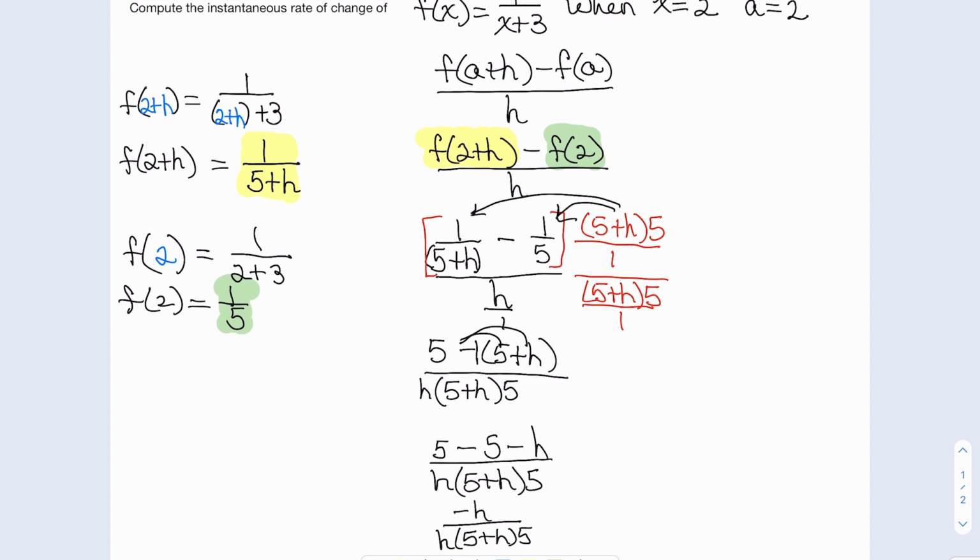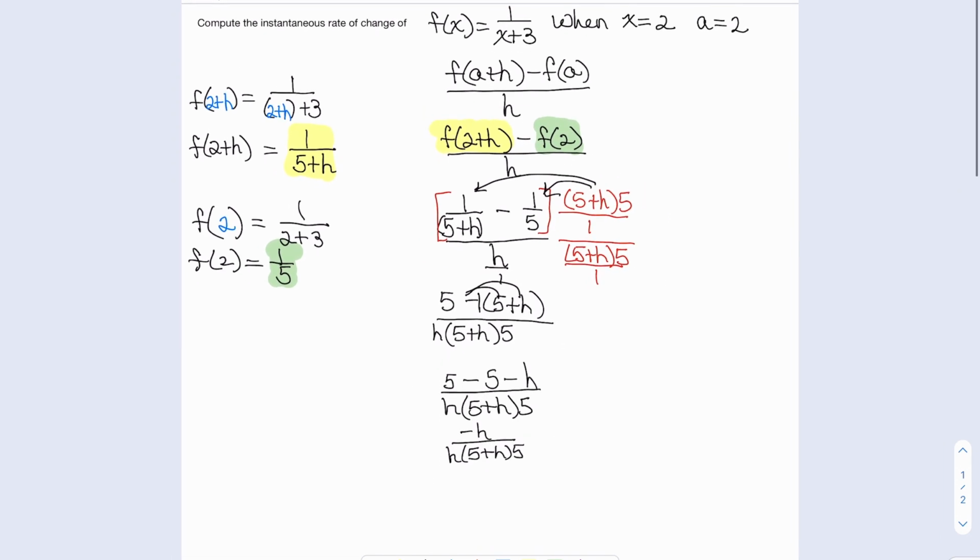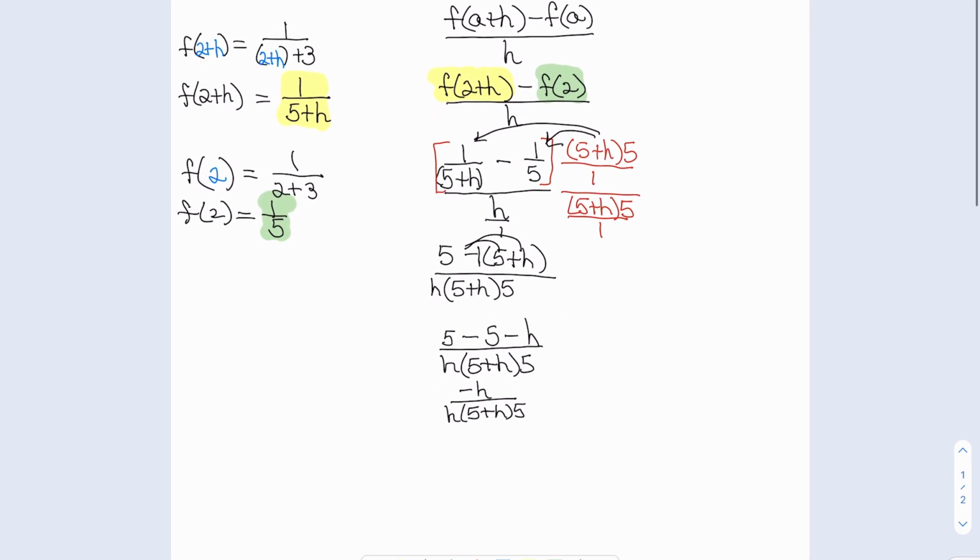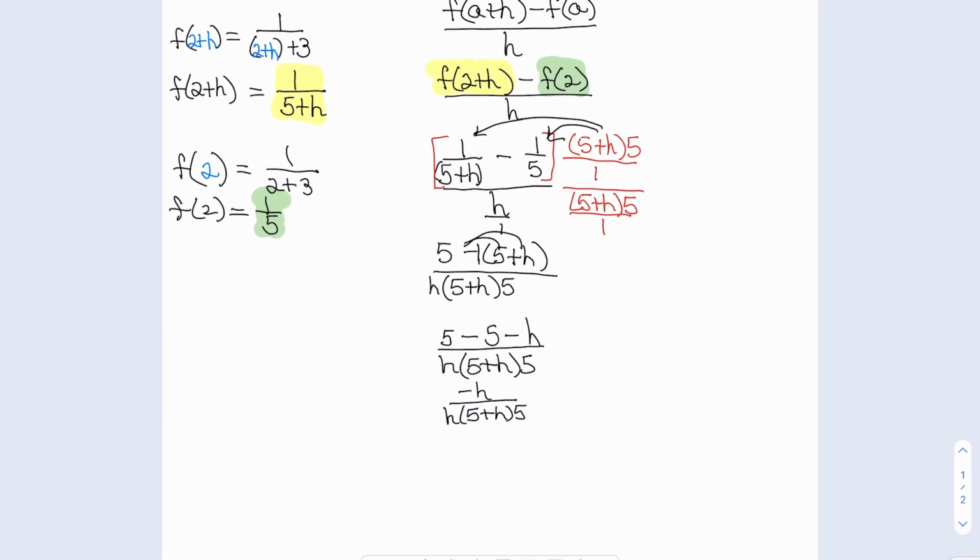When I look at the numerator, I notice that that's -1 times h, and a common factor of h in the denominator. Those common factors of h will remove and leave me a -1 in the numerator. So I have -1 over the parentheses 5 plus h times 5. So there's where I have it in its simplest form.